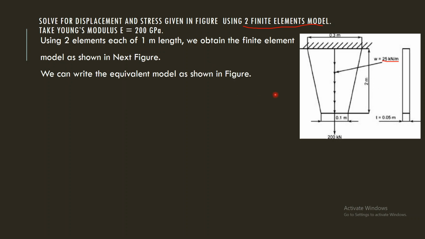And the equivalent model: if I discretize this into two stepped bars in this way, I should calculate the area of the first bar and the area of the second bar.